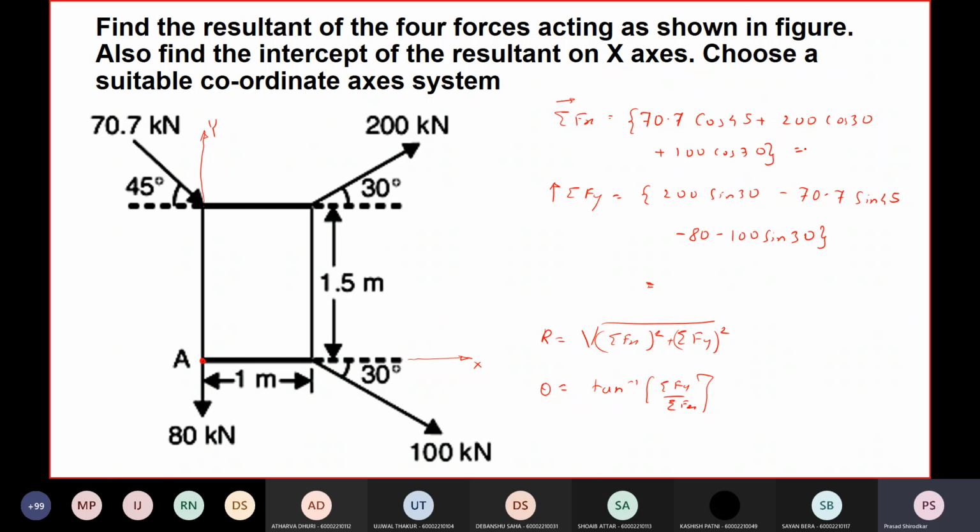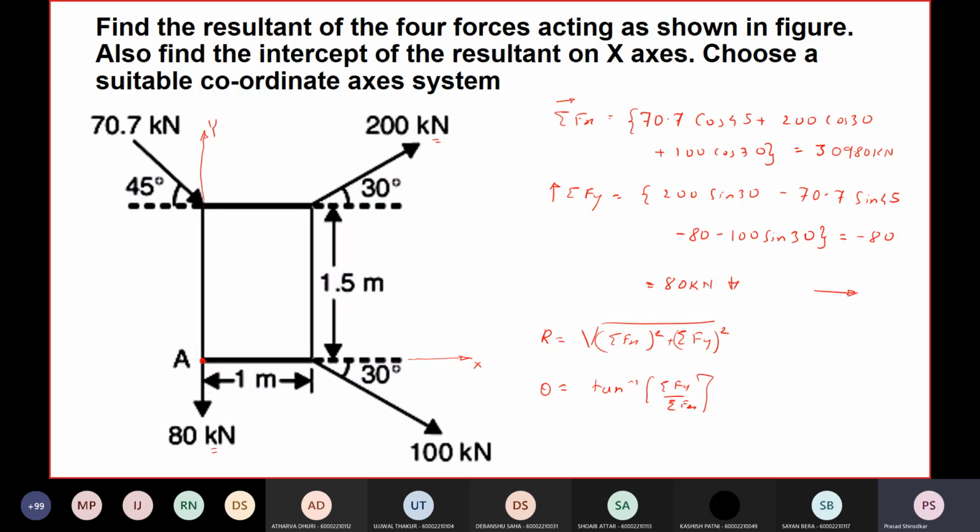Yes, tell me the values. Sir, Fx is 309.80. Correct, 309.80 kilonewton. Fy is minus 80. So this is coming out as minus 80. Since all the units are kilonewtons, it will be 80 kilonewtons in downward direction.